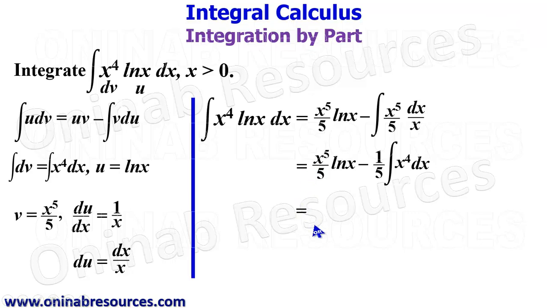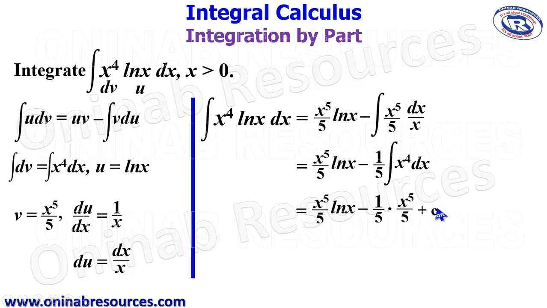So we have x raised to power 5 over 5 ln x minus 1 over 5. The integral of x raised to power 4 is similar to what we did here. This is going to give us x raised to power 5 over 5 then plus c, which is the constant of integration.